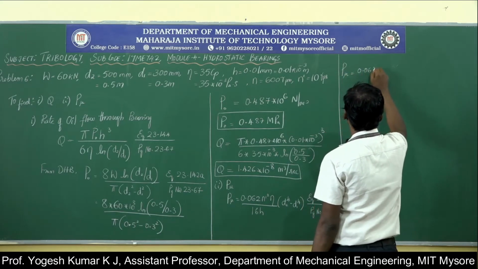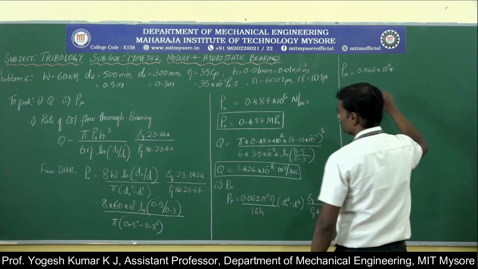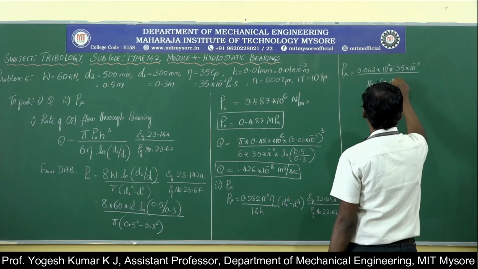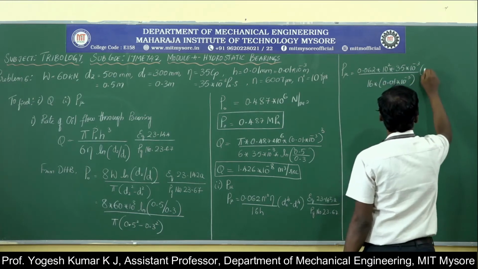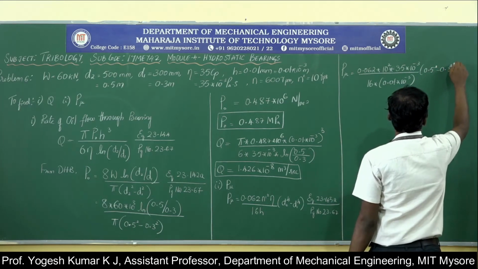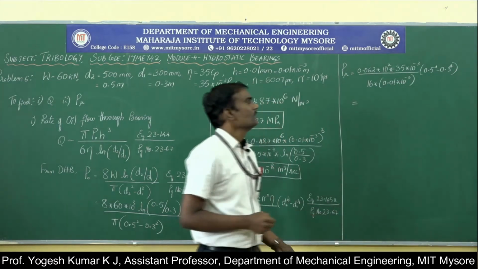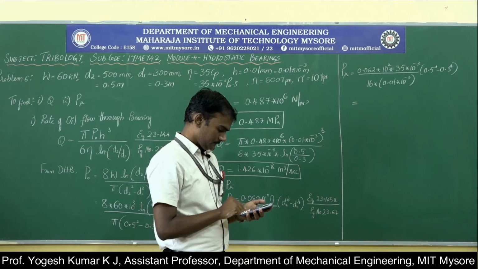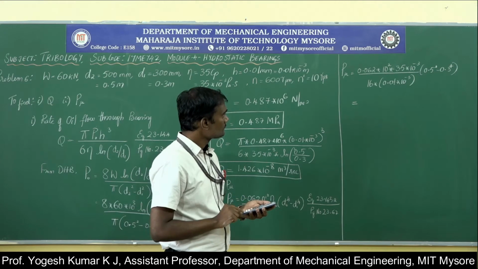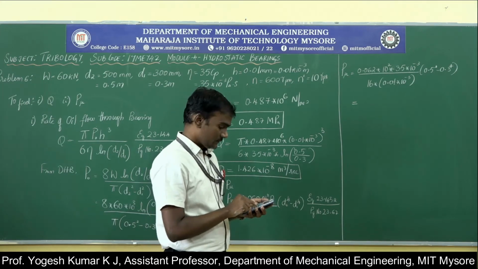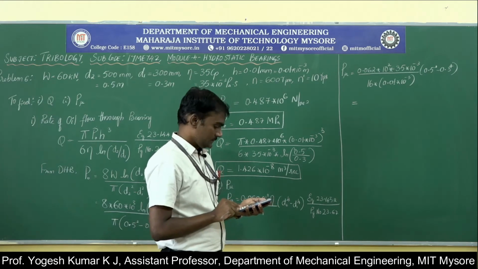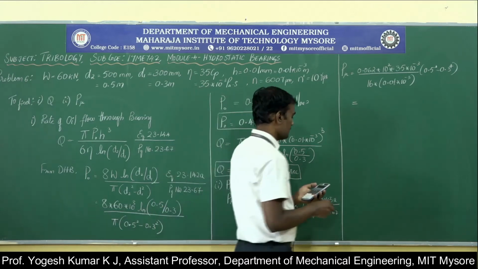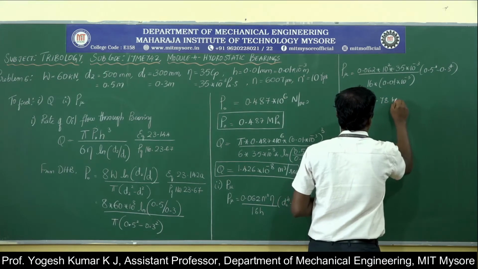P mu equals 0.062 into 10 square into neta, into 0.5 to the power of 4 minus 0.3 to the power of 4, into 10 square into 35e minus 3, divided by 16 into 0.01. We get this as 73.78 kilowatts.